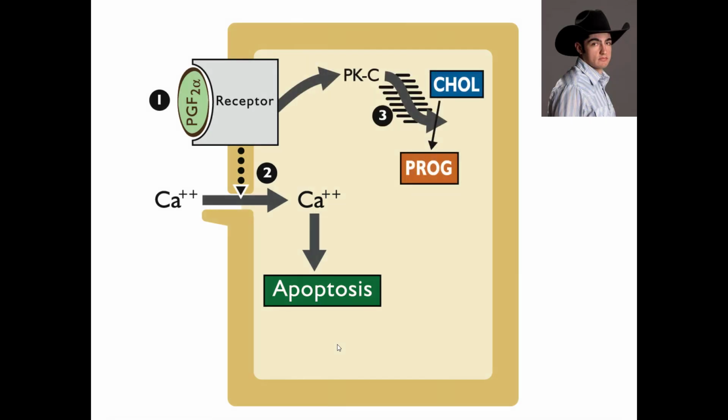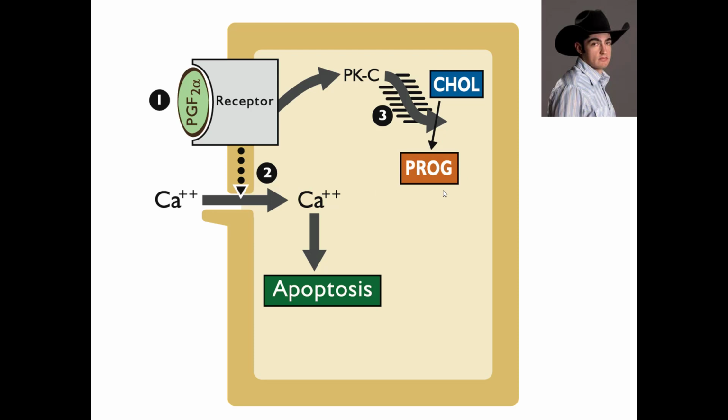At the same time, the second action that we see is protein kinase C being upregulated through the same secondary messenger system that we talked about previously. And protein kinase C here is then going to stop the enzymatic conversion of cholesterol to progesterone. And so we're going to then see progesterone stop being produced at this point in time.